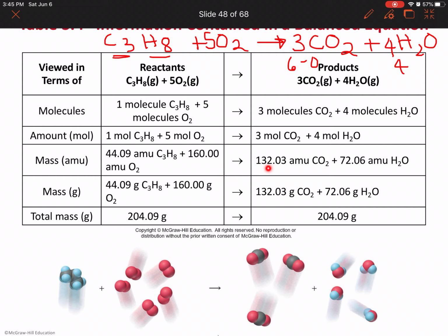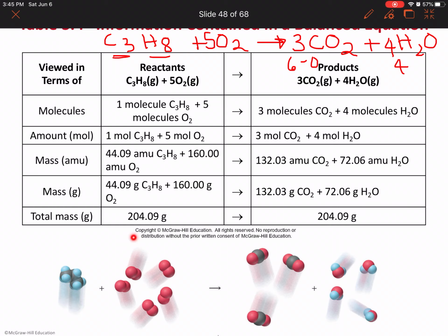And then 3 moles carbon dioxide, each carbon dioxide is 44 because carbon 12, 2 oxygens 32, 44 times 3, 132. AMU similar to grams. 4 moles water, water molecule is 18 times 4, 72 atomic mass unit or grams.